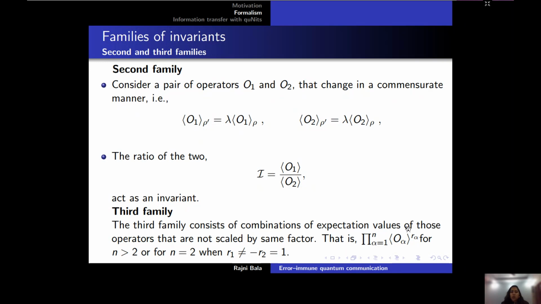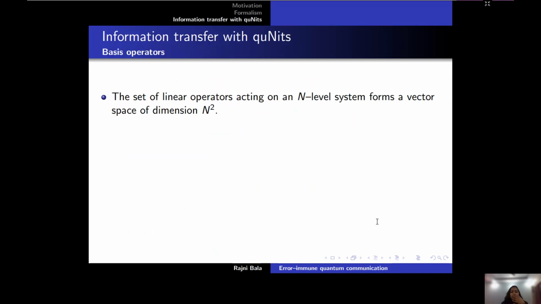So all such invariants belong to the third family. After building upon this formalism, we now move to the application part, in which we obtain many invariants for various noisy channels for an n-level system, which is a qudit. However, before getting to that point, let's get started with some basic knowledge which will be required.